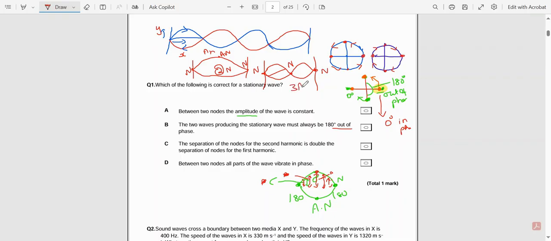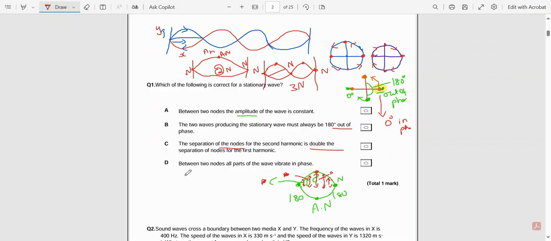Here there are three nodes, so it is not double. But what they are saying is double the separation of nodes for the first harmonic. It's not the right answer. If you are taking antinodes, it will be right. Here only one antinode will be there, but here two antinodes. But what they are saying is nodes.